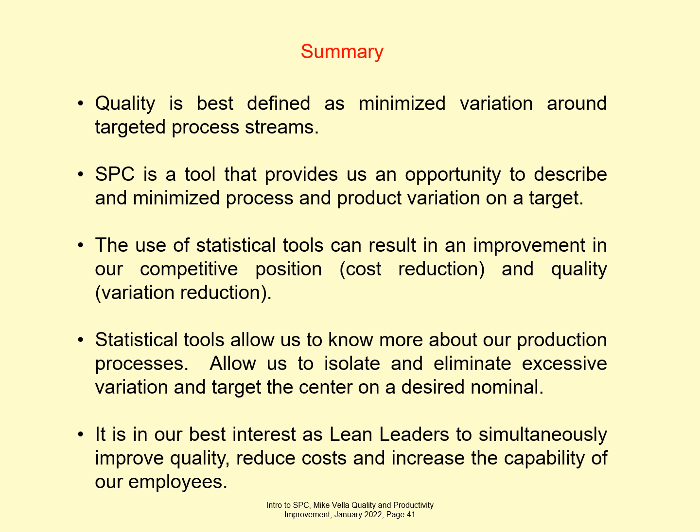It's in our best interest as lean leaders, because I see statistical process control as a way for us to reduce waste, as lean leaders, to simultaneously improve quality, reduce costs, and increase the capability of our employees.